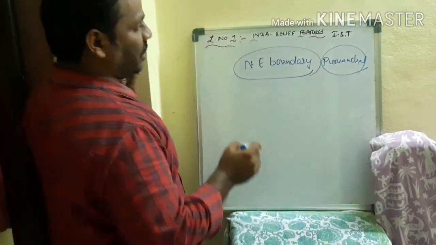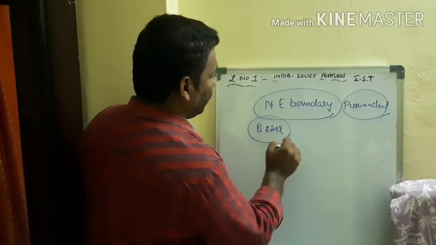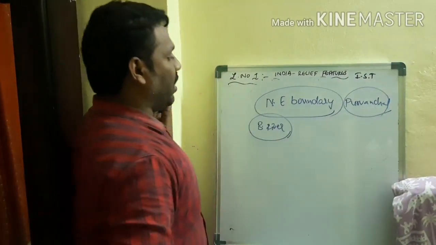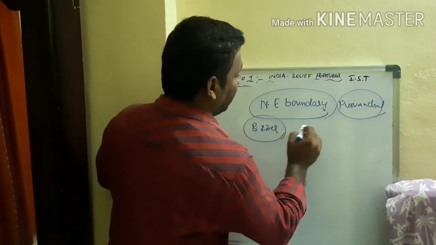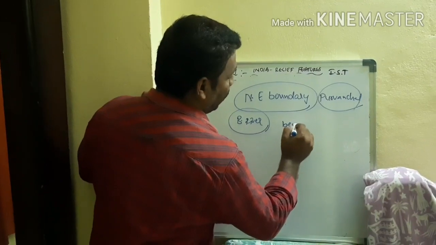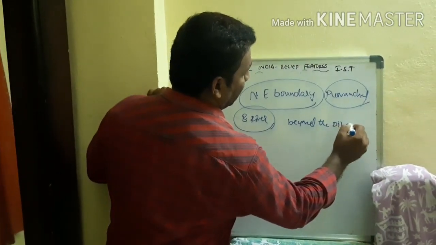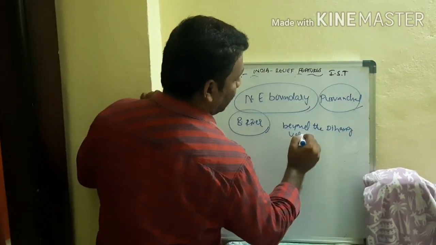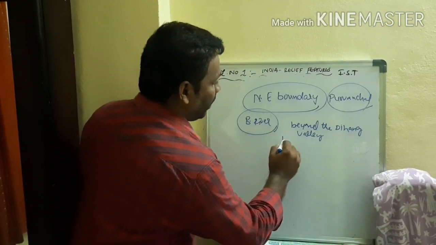To the eastern part, the Brahmaputra river is there. Due to this river we can find valleys in the east. This river, in the eastern part of our country, beyond the Dihang Valley from Arunachal Pradesh, will take a hairpin bend.